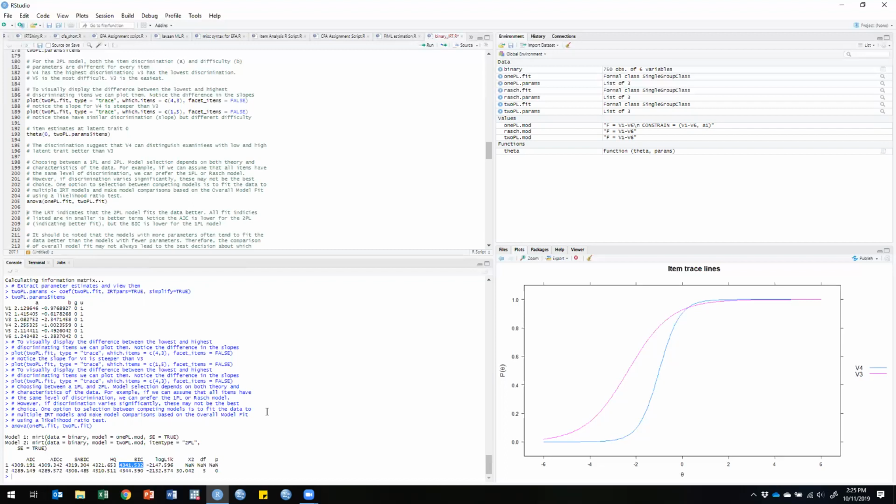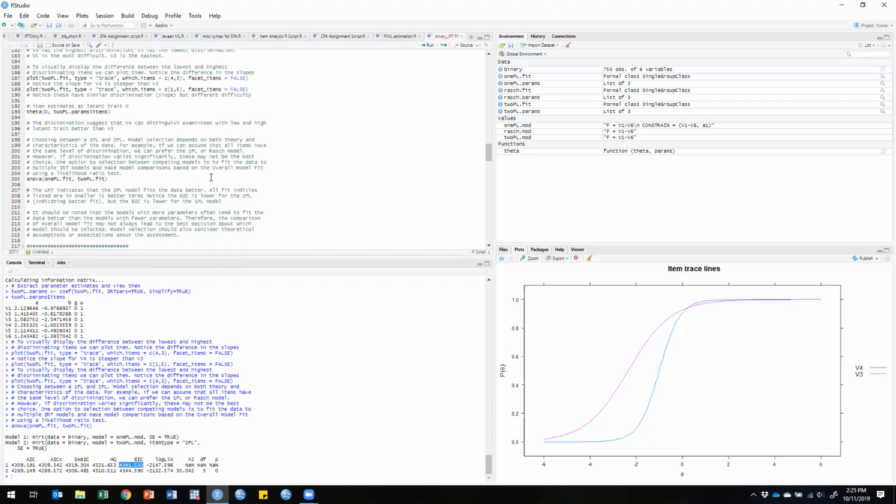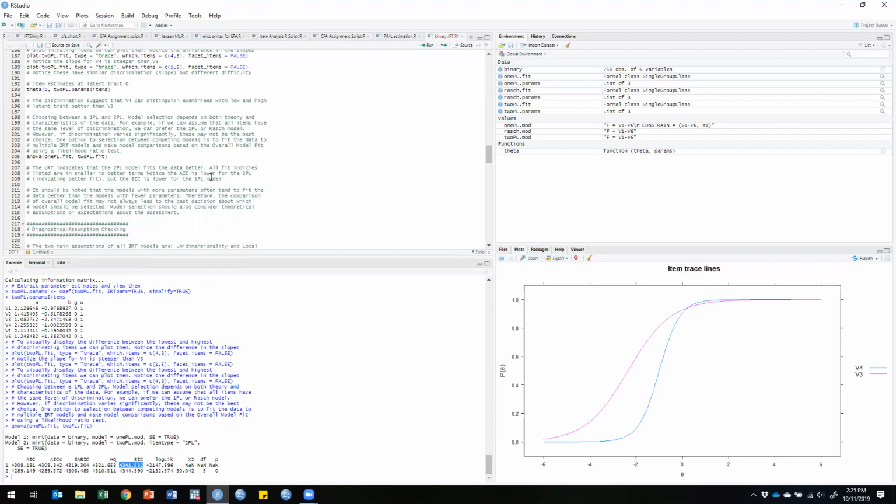A lot of times we let the purpose of the assessment, and whether we believe that the items should discriminate differently among people or not, guide us, so it's the theoretical assumptions or expectations of the assessment.